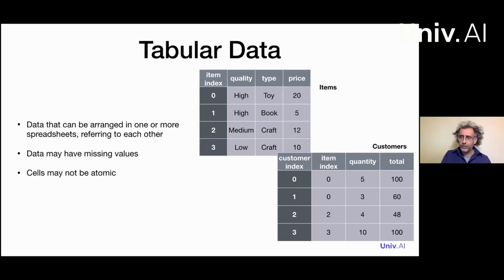I have items and customers. And in the customers table over here, I have a column which calls itself item index. And that item index points to the item in the items table. So item index 2, for example, in the customers table, points to the index 2, which is medium, craft, and a price of 12 in the items table over there.